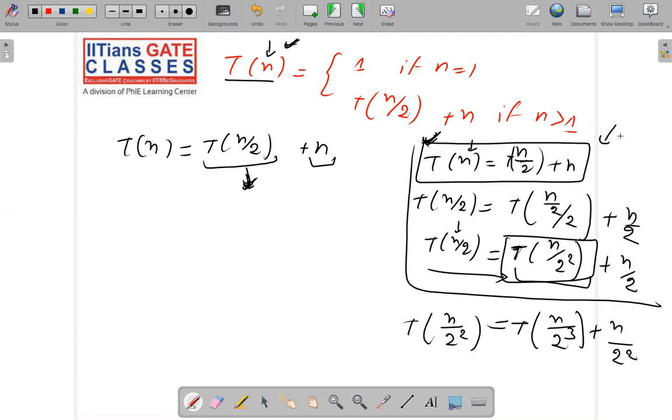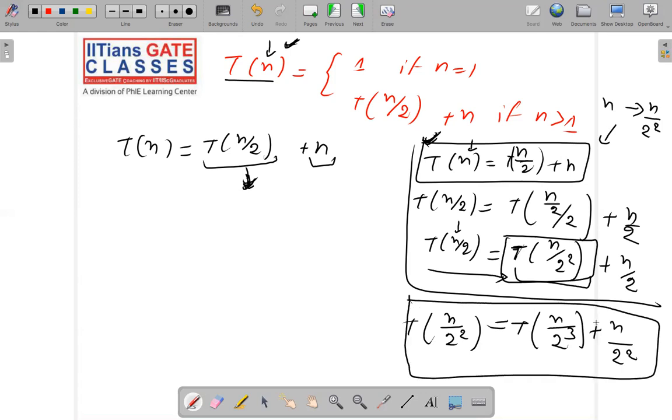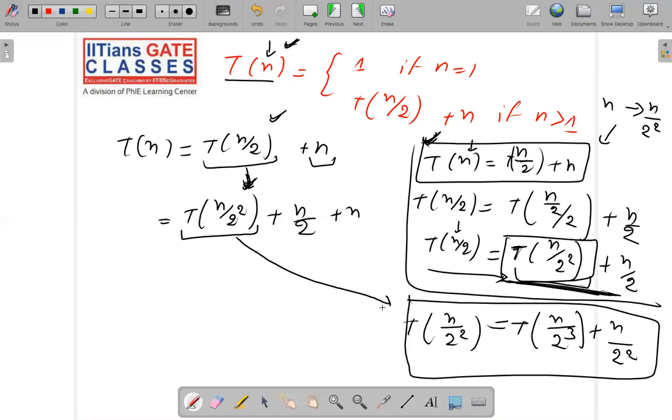We have replaced n with n by 2 square here, and we will end up with this. Now you know that T(n by 2) is T(n by 2 square) plus n by 2. n was already present here. Now we are going to focus only on this one. What is the value of this: T(n by 2 cube) plus n by 2 square plus n by 2 plus n, right?